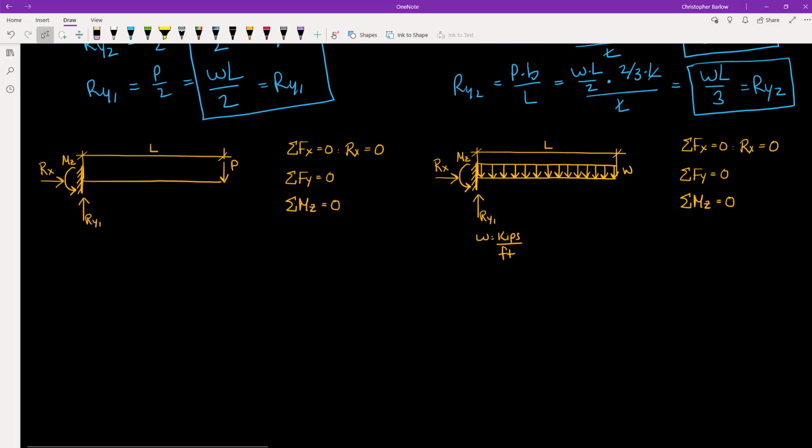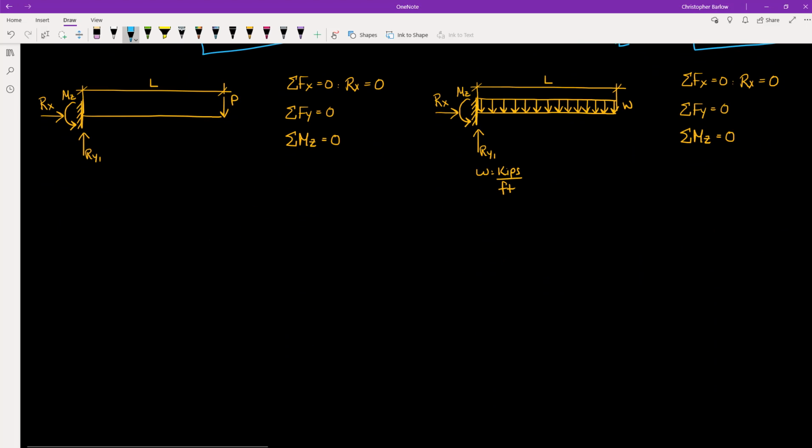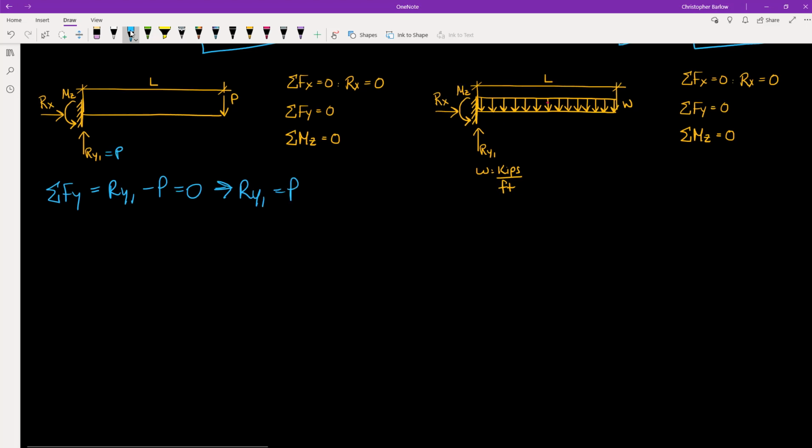Lastly, let's look at these examples which have fixed conditions at either end. Now, in addition to drawing a vertical reaction and a horizontal reaction, we also draw a moment reaction. And so, when we sum our forces in the y direction, we have RY1 minus P equals 0, and we can very quickly solve for RY1 is equal to P. Lastly, for this example, let's solve for our moment reaction mz.